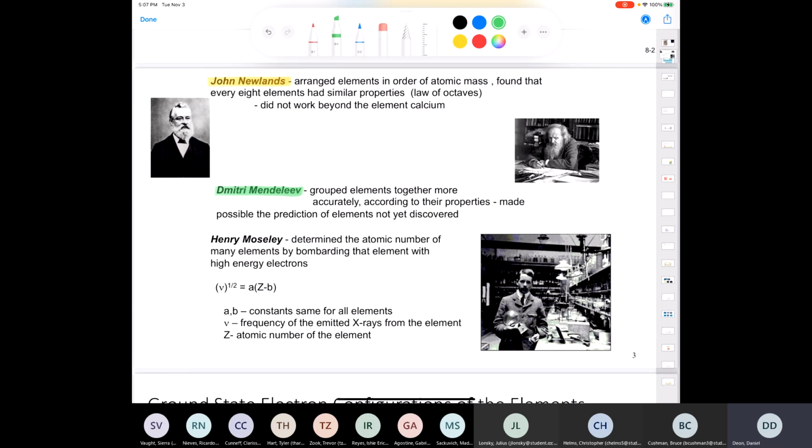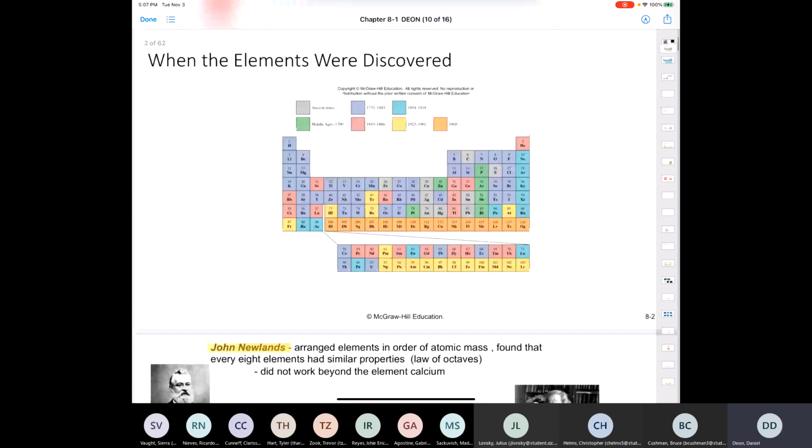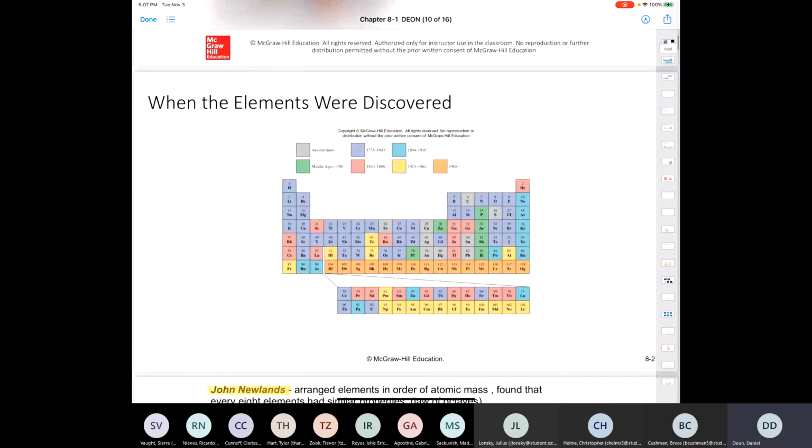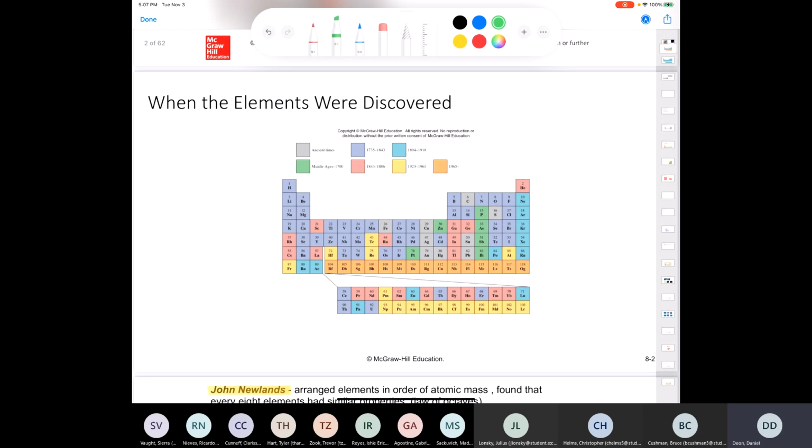It might be a knee-jerk reaction to think that the elements in this periodic table that Mr. D made are organized in terms of their atomic masses. But in fact, that's not true, and I'll show you why.